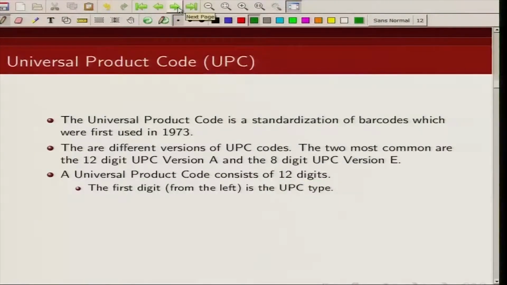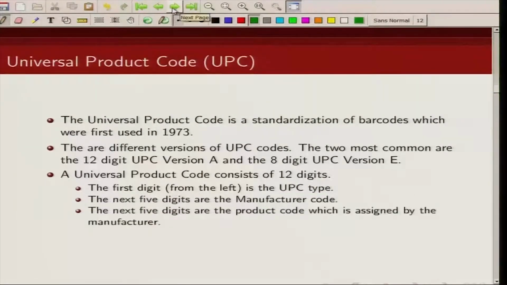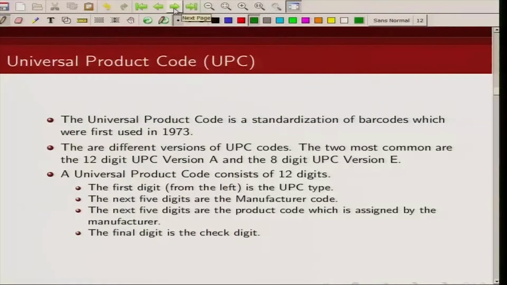The first digit from the left is the UPC type, the next 5 digits are the manufacturer code, the next 5 digits are the product code which are assigned by the manufacturer, and the final digit is the check digit. That is what we are going to use for error detection.